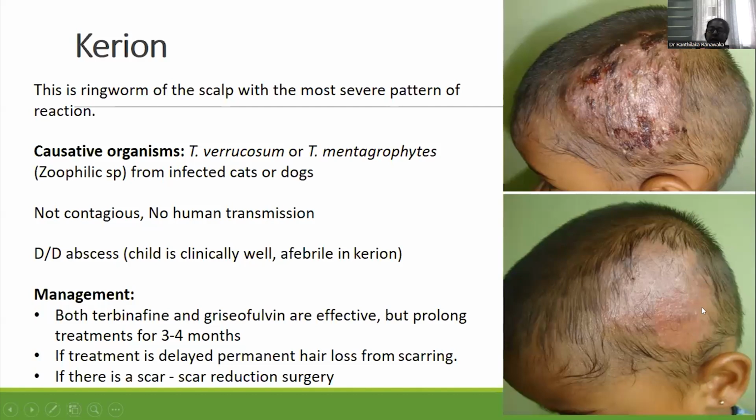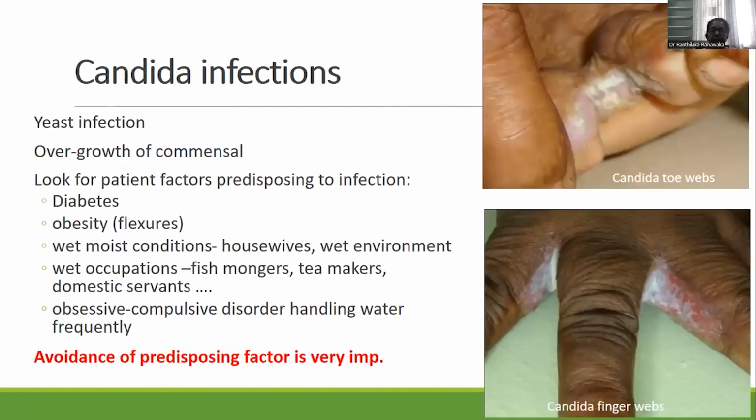We get them down in 1 week and see. So there's rapid response, but we have to treat until there are no further new lesions or inflammation, right? So it takes about 3 to 4 months to completely cure the problem. That is kerion. The other one is Candida infection.